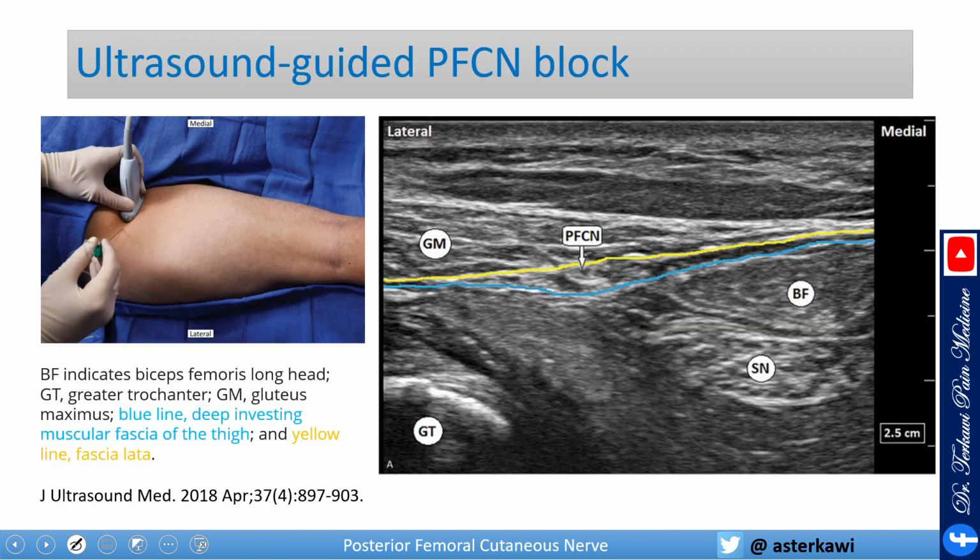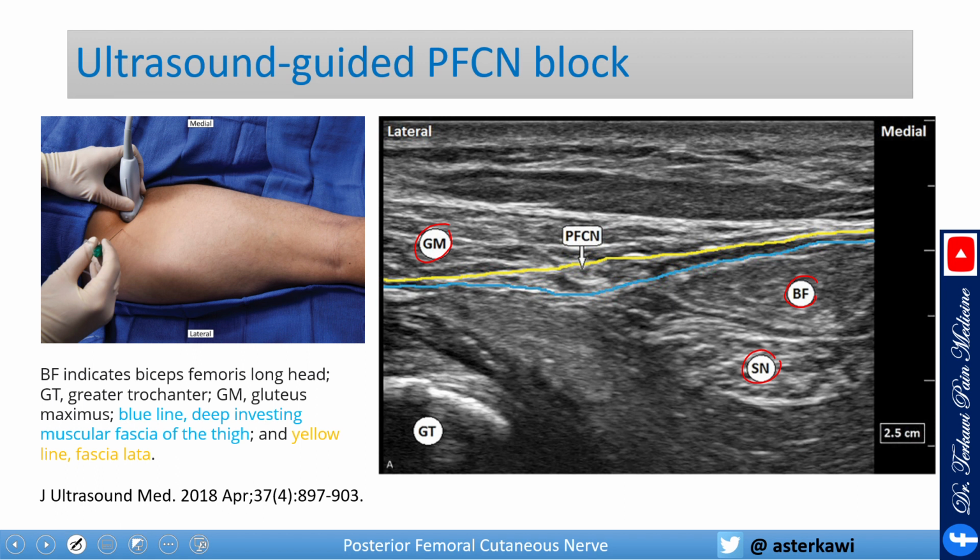Okay, most likely, especially for chronic pain, you would like to block this nerve at the subgluteal area. As you see here, this is the lateral, this is the gluteus maximus, and medially you have the biceps femoris, and underneath that the sciatic nerve.